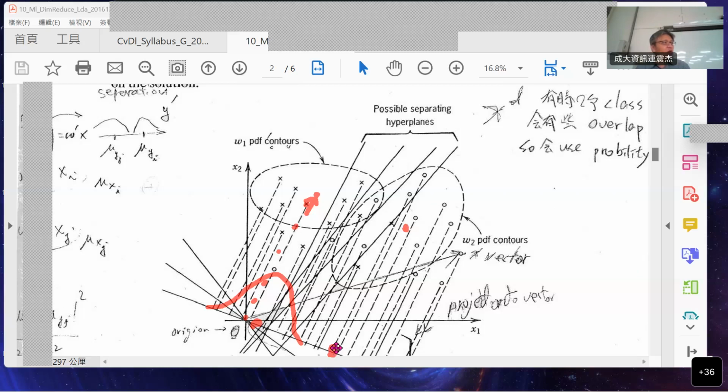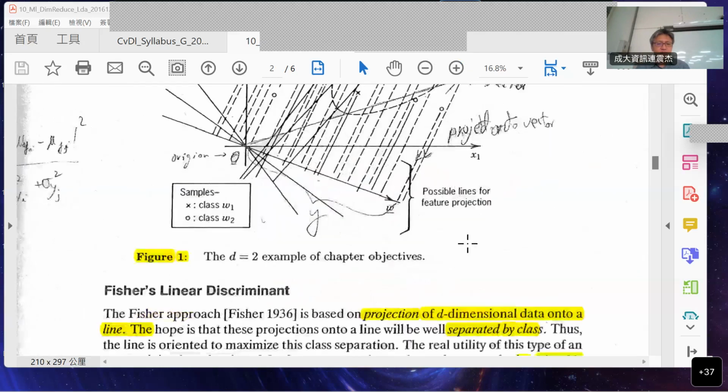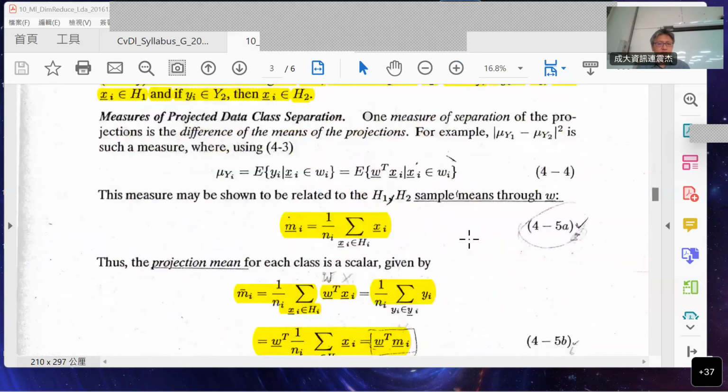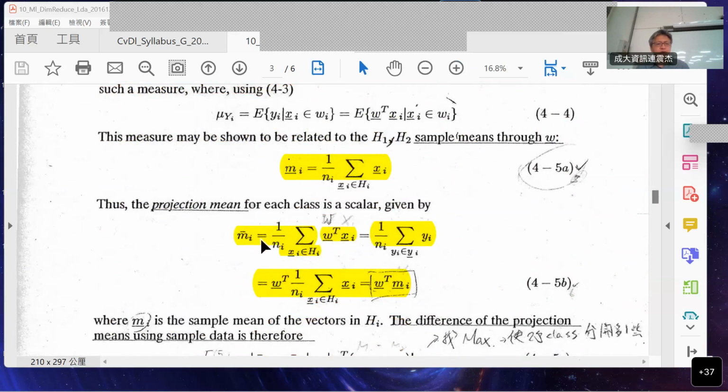This mean value equals each x projected to y, and you get the average value. 就是在高维度，你的平均值的命值等于直接在算低维度的平均值，一模一样。所以这里要跟你讲是这件事情。So they prove this high dimension, this low dimension, so it's called projection mean.